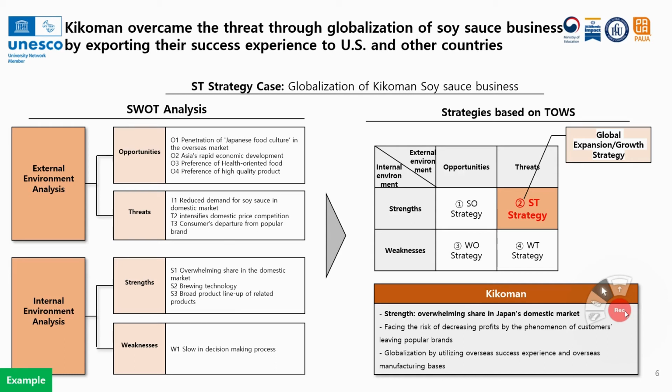But in the case of Kikkoman, there were lots of threats in the domestic market. So in order to avoid such threats they are facing in the domestic market, they tried to develop strategies to go overseas by leveraging their strengths. Okay.